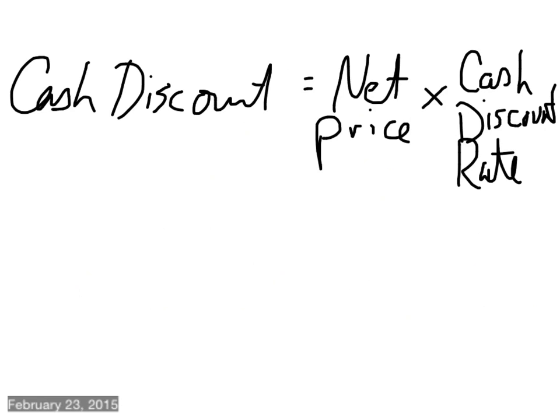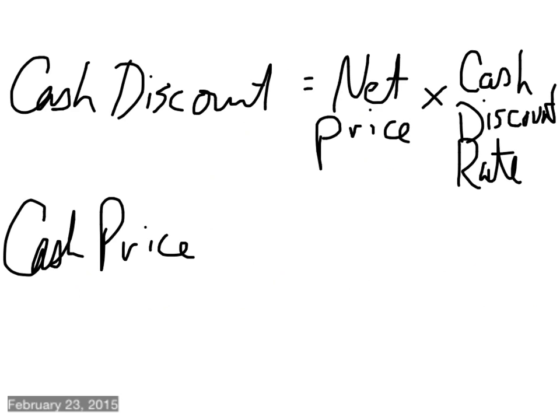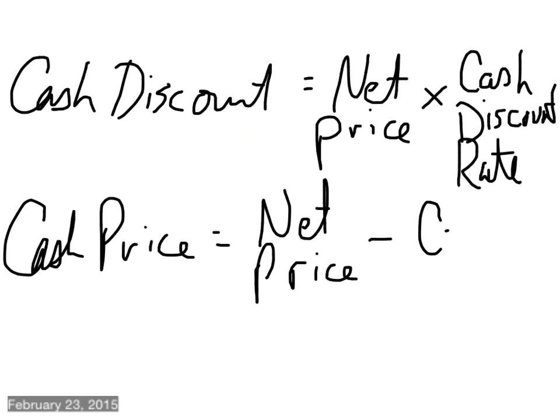It's going to be a percent. Okay. Then in order to figure out the cash price, you take the net price and you minus out the cash discount.